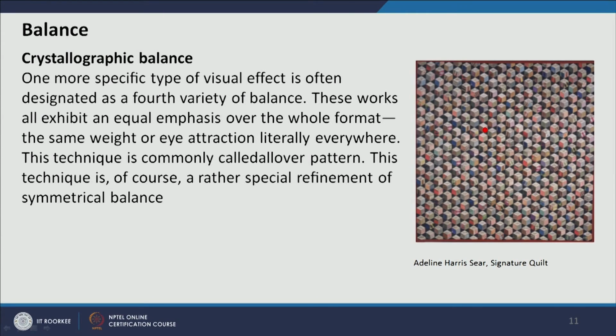In crystallographic balance we look at the image and then perceive there is a balance in the composition. So here the part-to-whole perception is valid, but in texture the whole-to-part perception is valid.